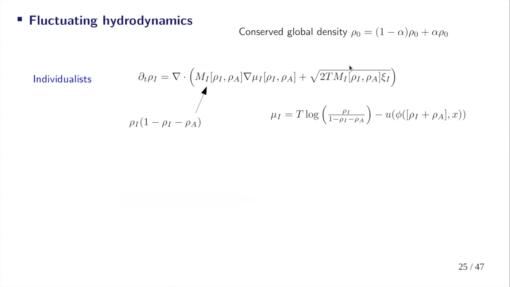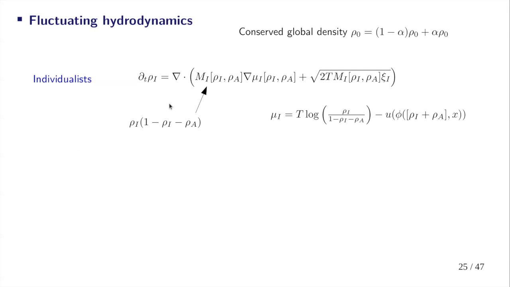The total number of agents is conserved, so you now split between a fraction alpha of altruistic agents. So you have 1 minus alpha of individualist and alpha of altruistic agents.